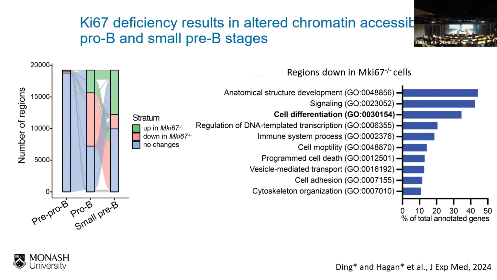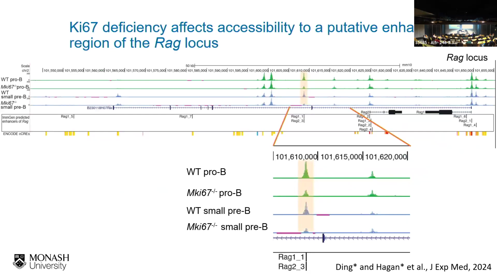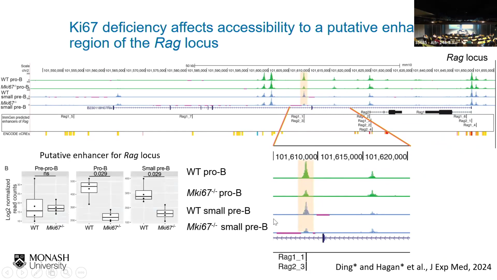But if you dig deeper in those regions, we found, very interestingly, a putative enhancer at the Rag locus that had reduced accessibility in the Ki67 deficient cells at the pro-B and the small pre-B stage. So this links nicely and gives us a hypothesis that maybe the Ki67 deficiency causes some altered chromatin accessibility in their genome, which affects the Rag locus expression.